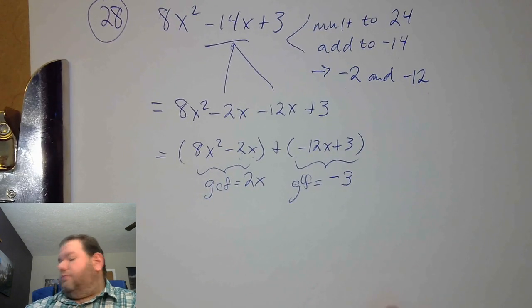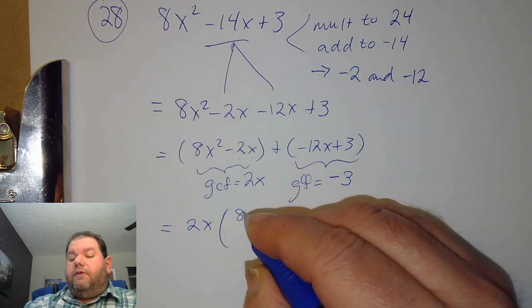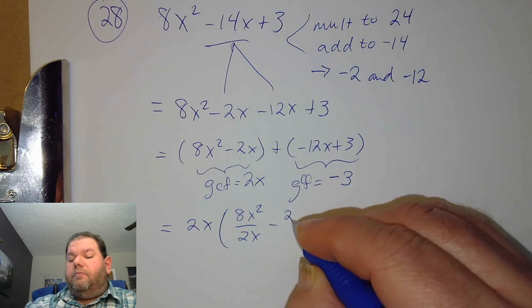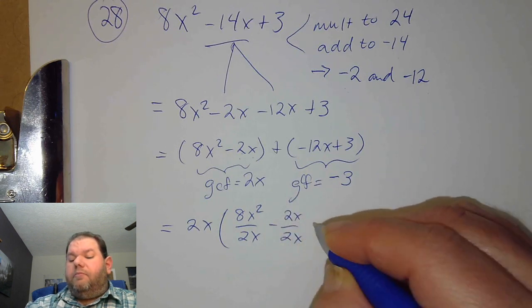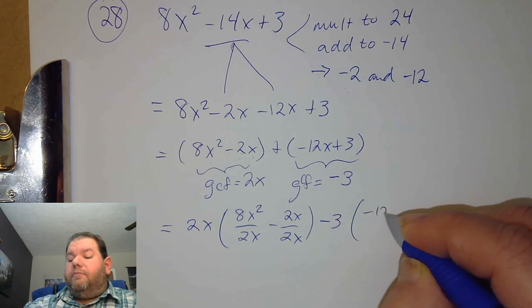So we're going to take a 2x out of this first term, and a negative 3 out of this second term.